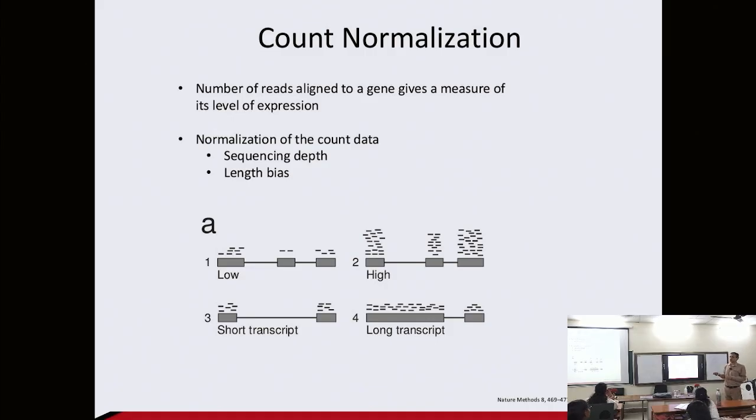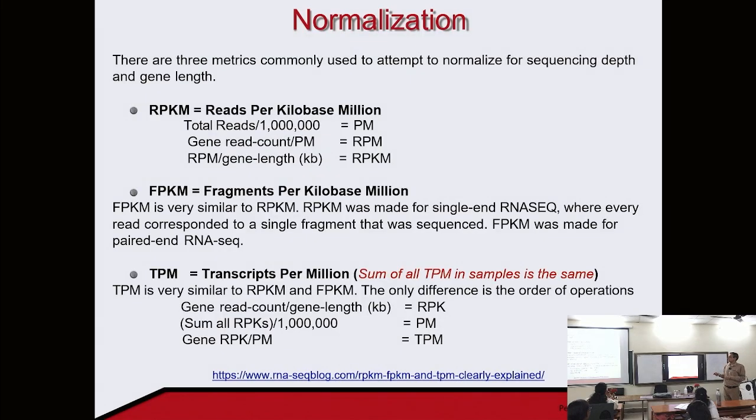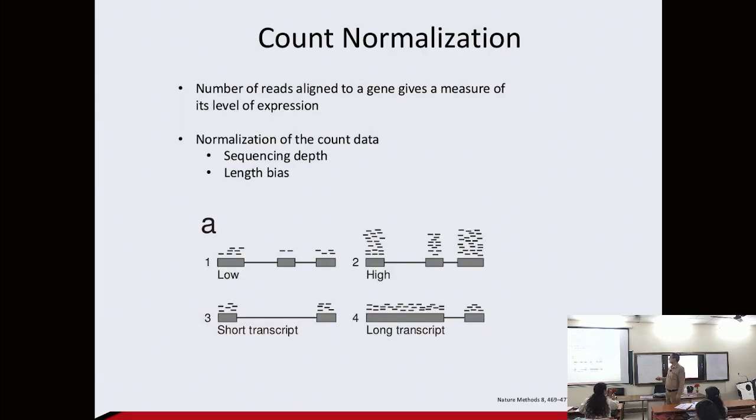So that is normalization, and there are several metrics that quantify this normalization, that remove this bias, and those metrics are RPKM, FPKM, TPM. Okay, so these do the normalization with respect to the length of the transcript as well as the sequencing depth.